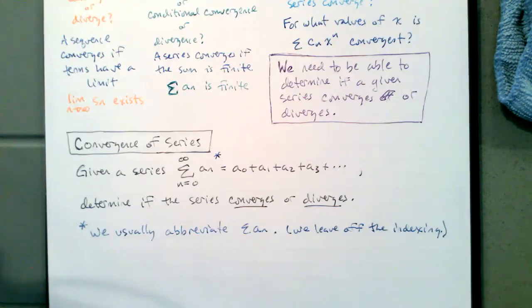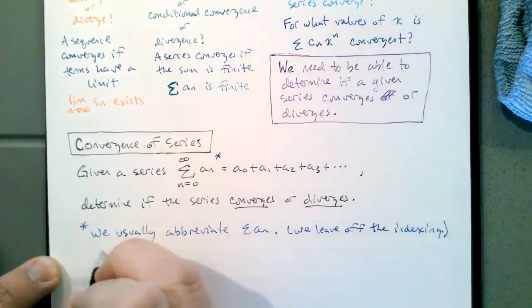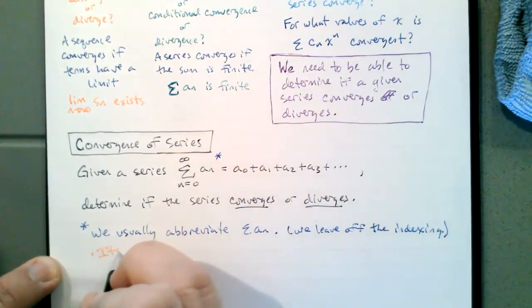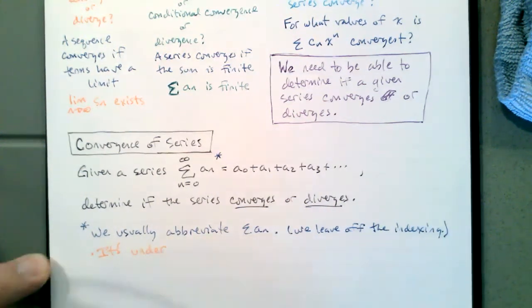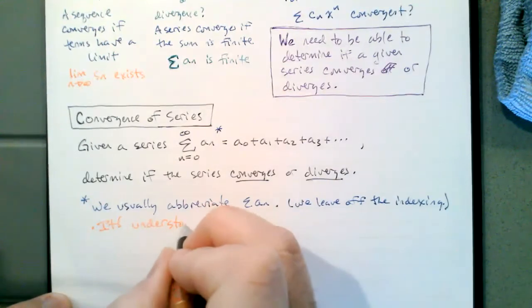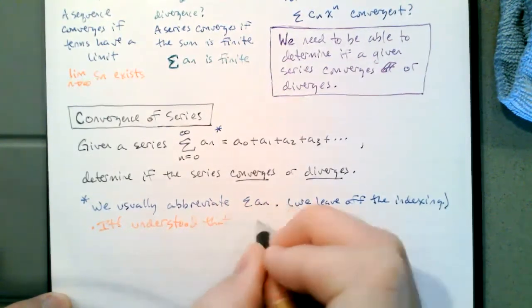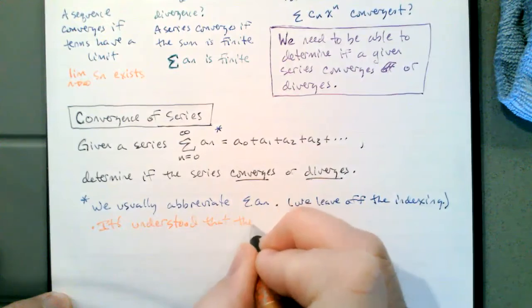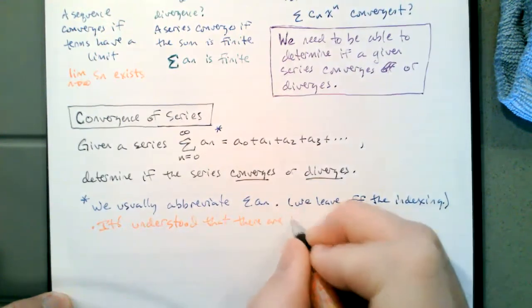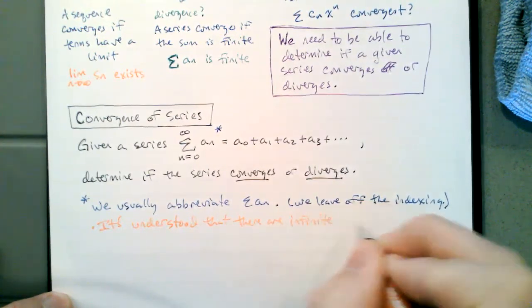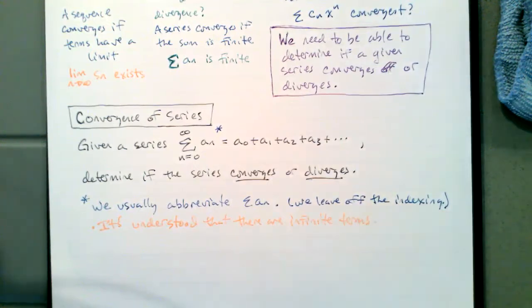It's understood that we're going to infinity. And since we're going to infinity, it doesn't matter where the n starts. It's understood that there are infinite terms, because if there aren't infinite terms, convergence is not a question.